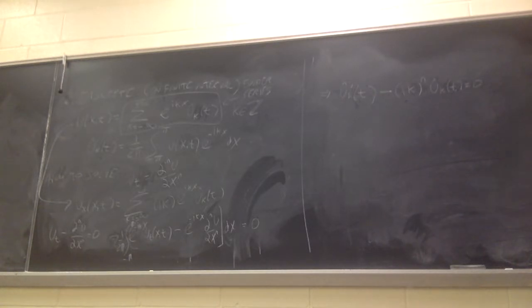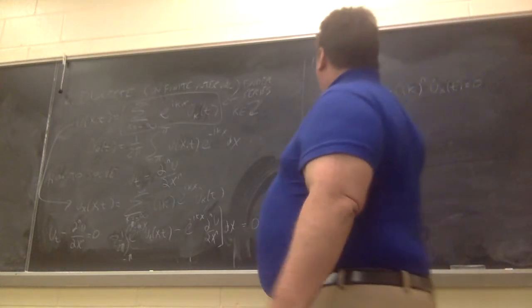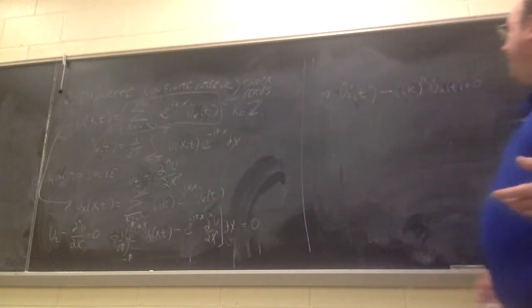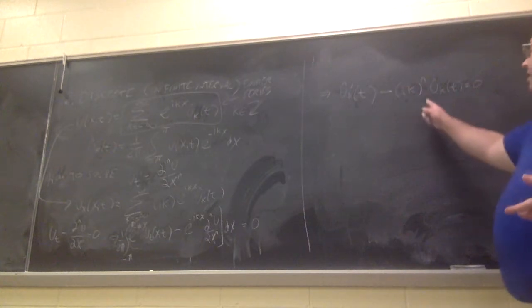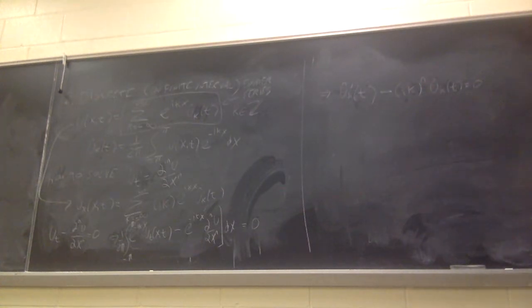Any questions about how that was obtained? So, derivative with respect to t, you take the derivative of a coefficient, which depends on t. Derivative with respect to x, multiply by ik, however many times you need to.